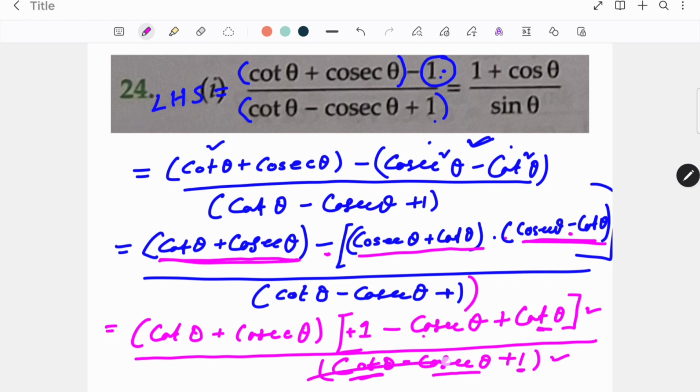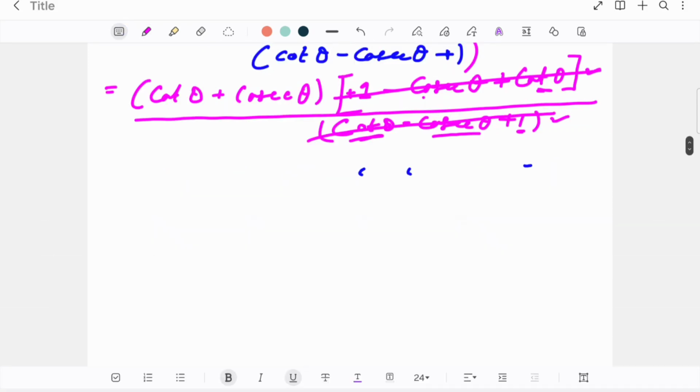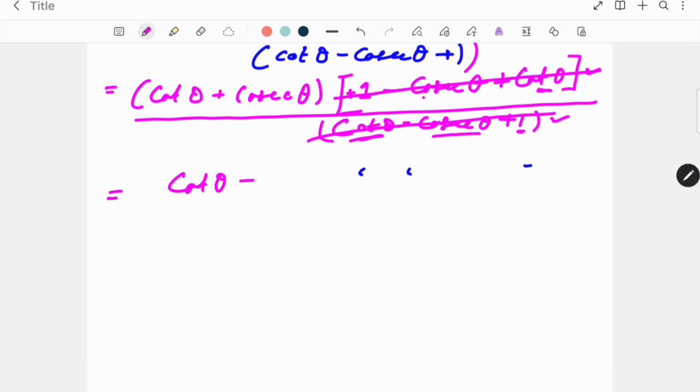So this total part and this total part we can cancel. So what is left with us? We have only this one left, cot theta plus cosec theta.